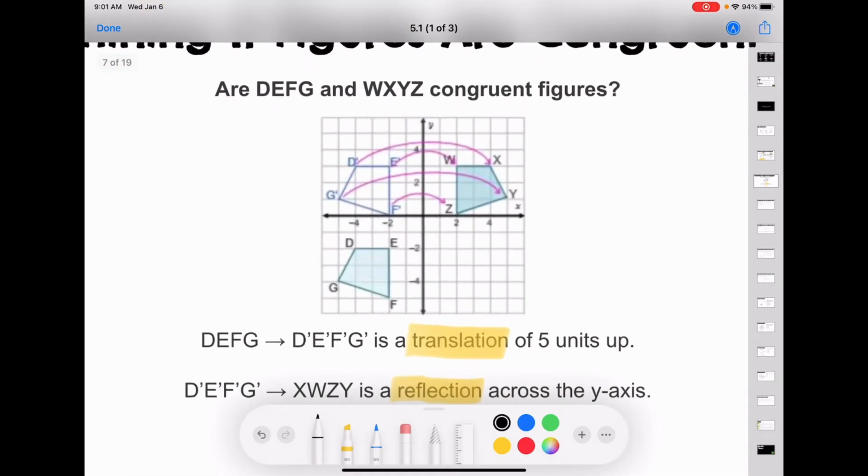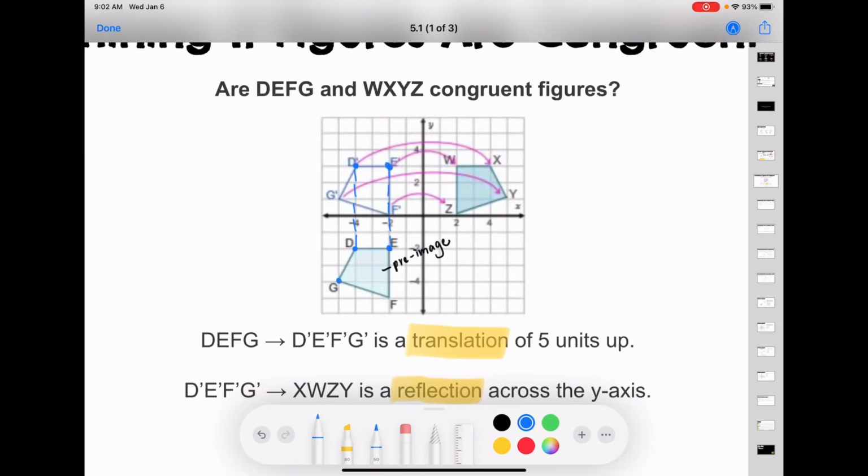So here we are told that our original figure, our pre-image, is translated 5 units up. So let's say we take D in this instance, we move it 1, 2, 3, 4, 5 units up, making our D prime. Again, we would take our E, move it 5 units up, making our E prime.